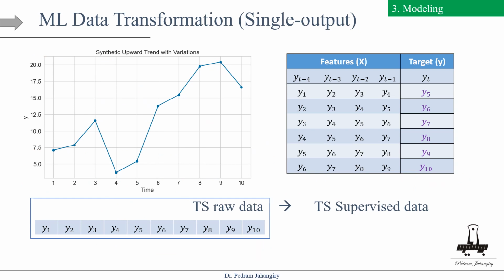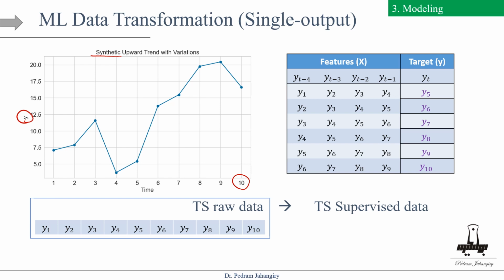Okay, now let's talk about the machine learning data transformation step, which is the most important part of doing time series machine learning, right? So imagine you have a univariate time series, and this univariate is only y, and you have 10 time steps, and this is your simple time series, right? It's a trend going up, down, and up again, etc. This is synthetic data, a synthetic upward trend with some variations.